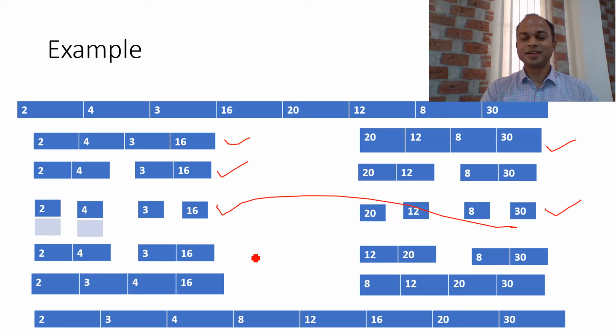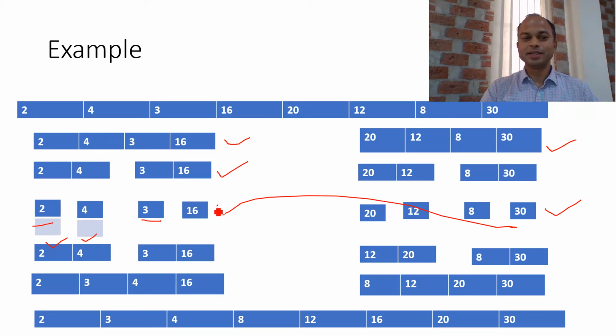After it, we have to combine. Our procedure of combining is that we compare the first element of the first subarray with the first element of the second subarray. The smaller one is 2, so we have copied 2 here, and this 4 is copied here.